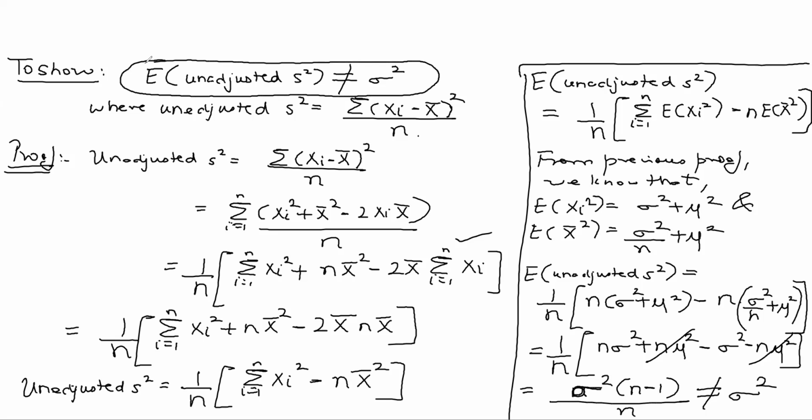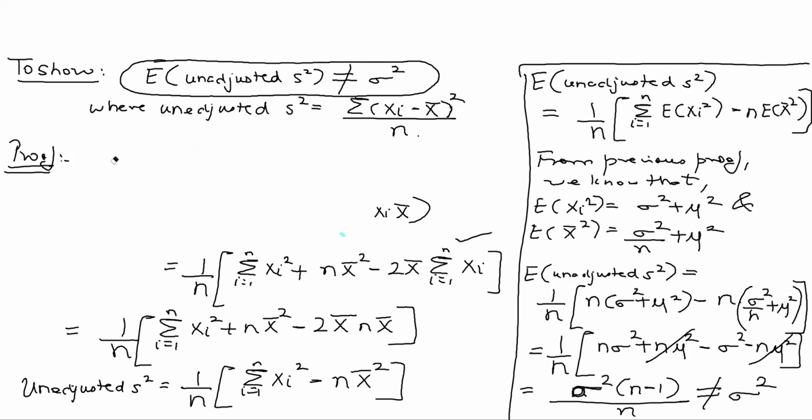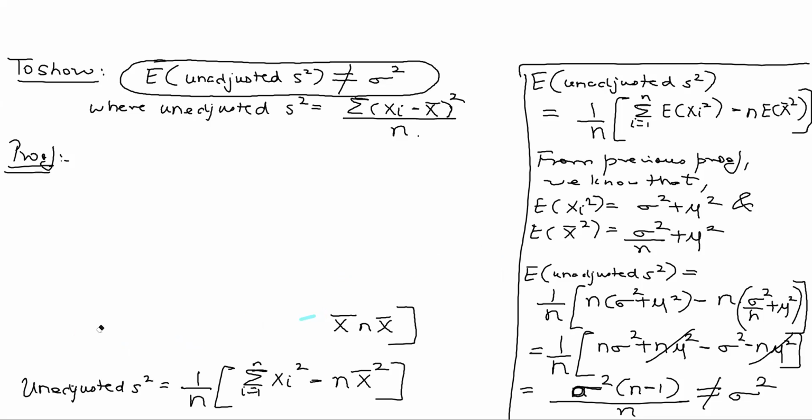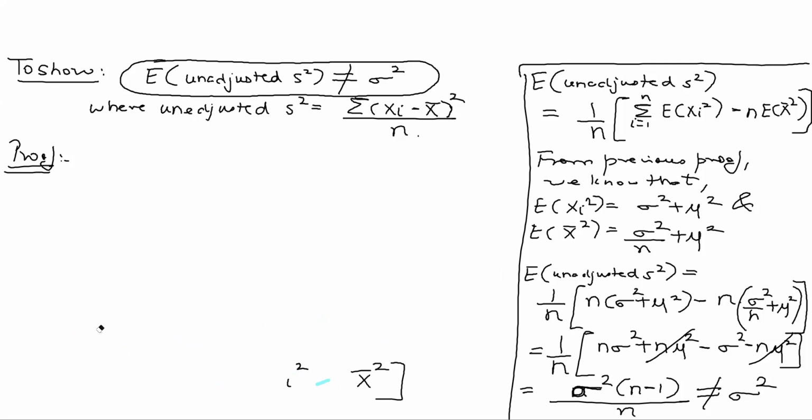So I hope students have understood this proof as well. So I am erasing the initial part and then we can find the bias. What is the degree of bias? Okay, so let's work on finding the degree of bias, erasing all this on the left hand side.